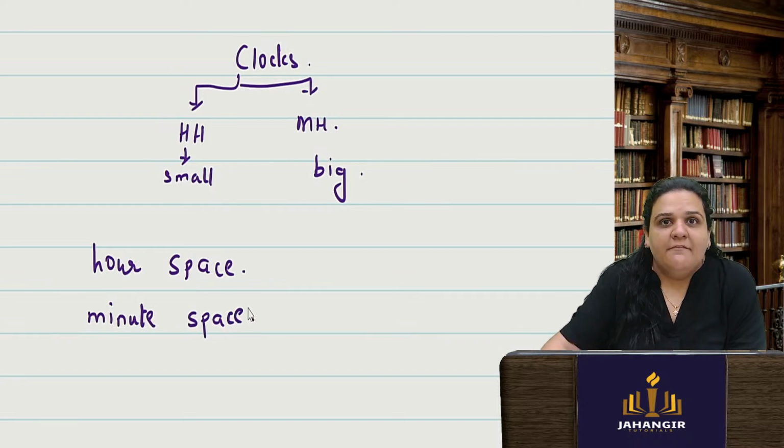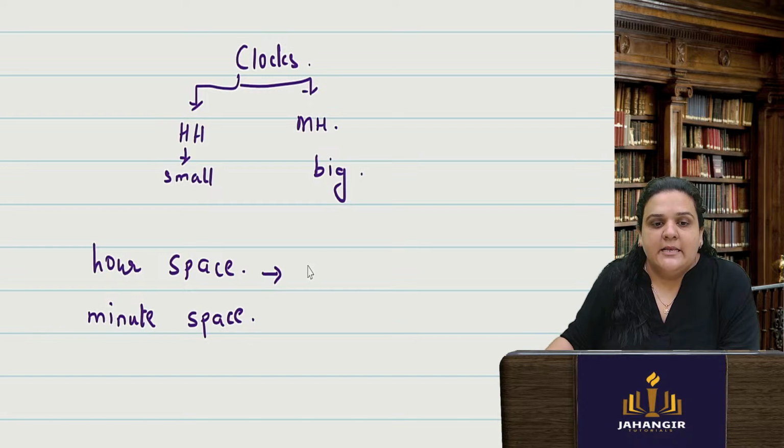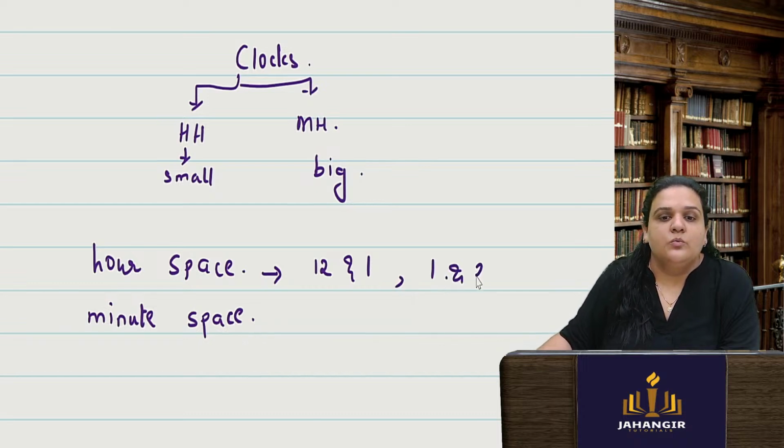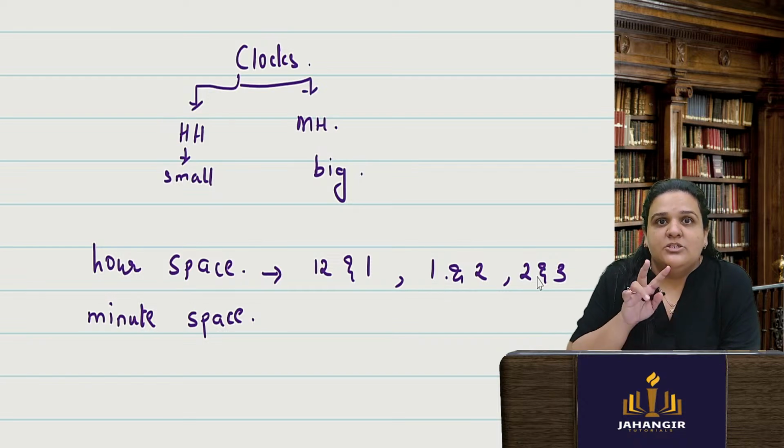Hour space is nothing but the space between two given hours. If I tell you the space between 12 and 1, or the space between 1 and 2, or the space between 2 and 3, hour space is nothing but the space which is there between two given hours.